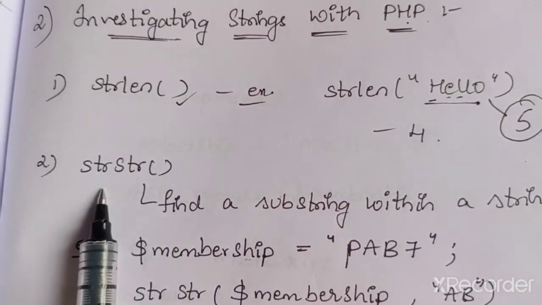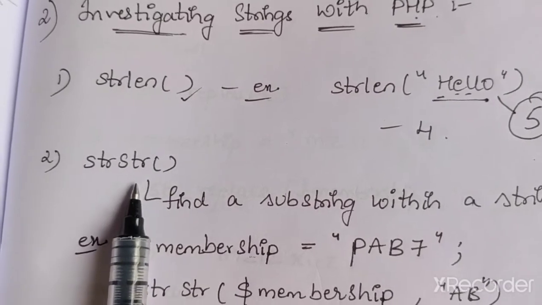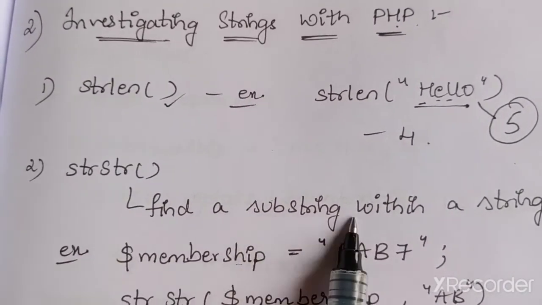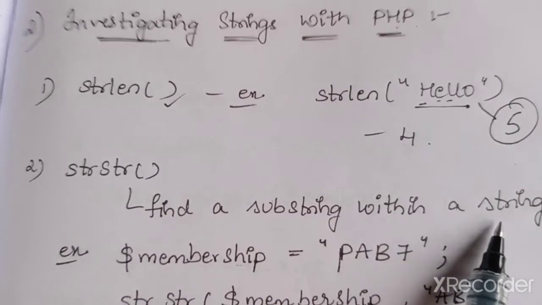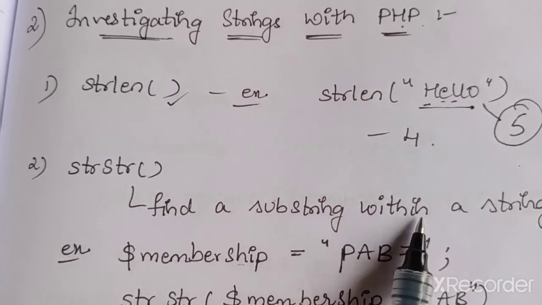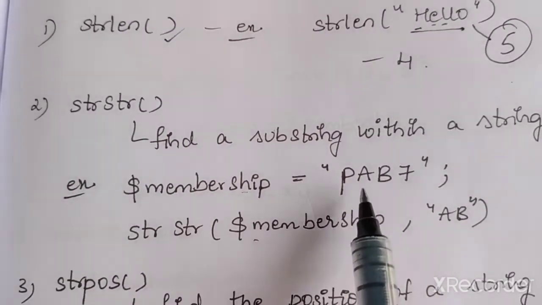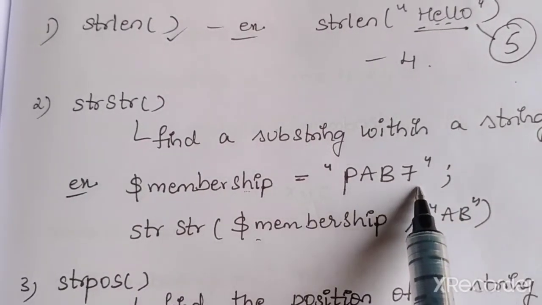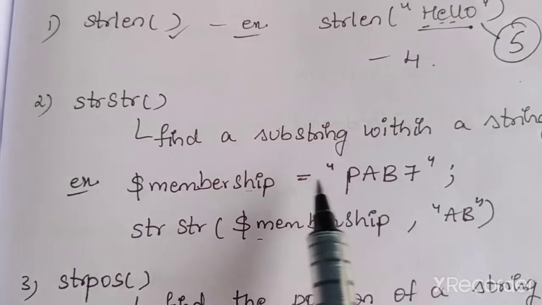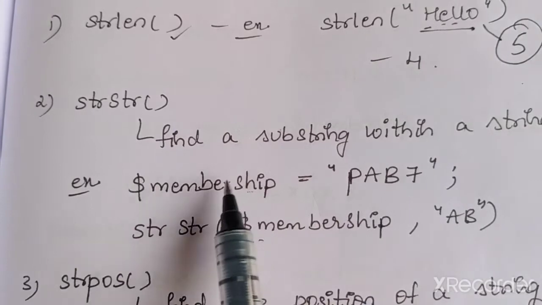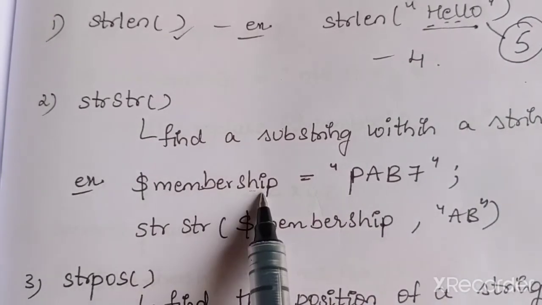Similarly, next one is strstr. This is the function which is used to find a substring within a string. Suppose we have a string like PAB7, and this string is stored in a variable called membership.